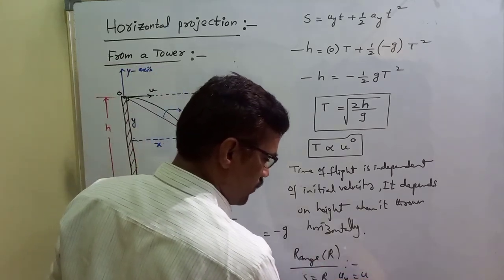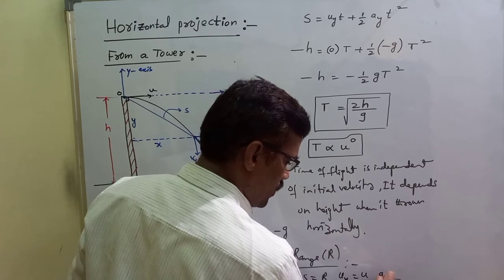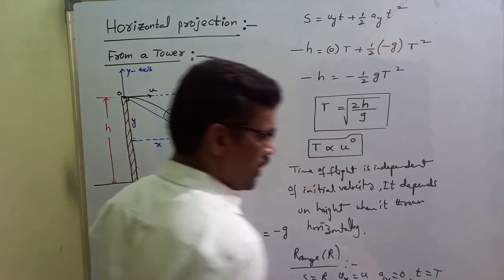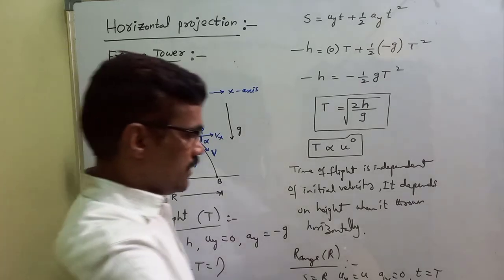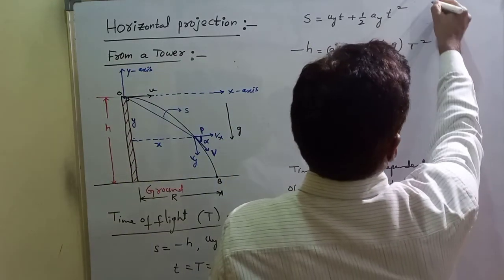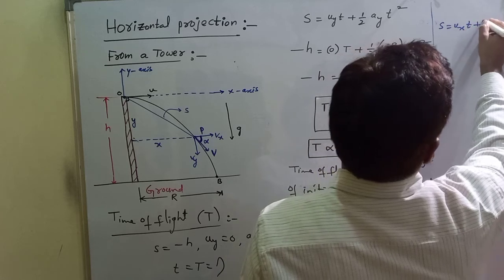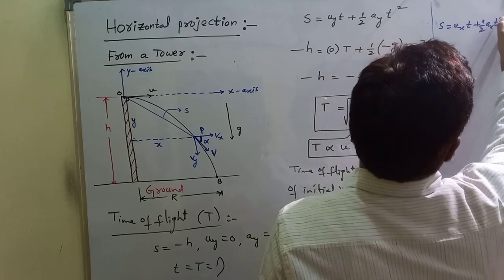Ux is equal to u, ax is equal to 0, and t is equal to capital T during the time of flight. To find the range, use S equal to ux t plus half ax t square.